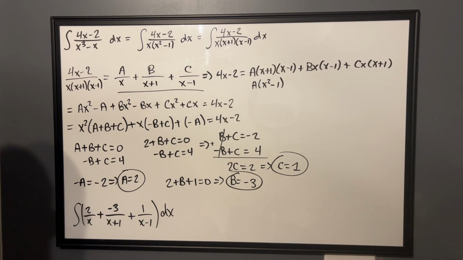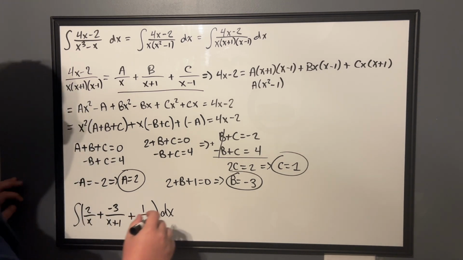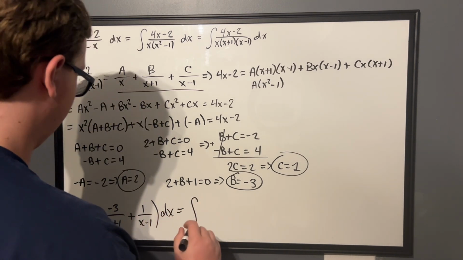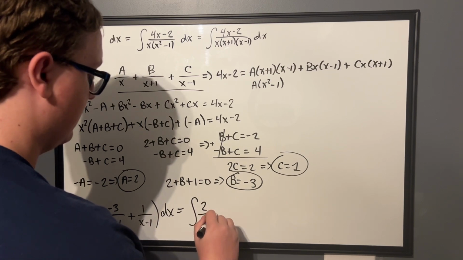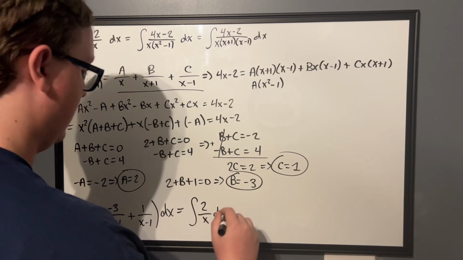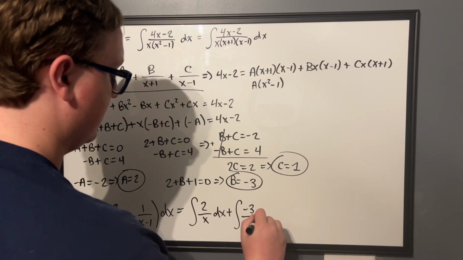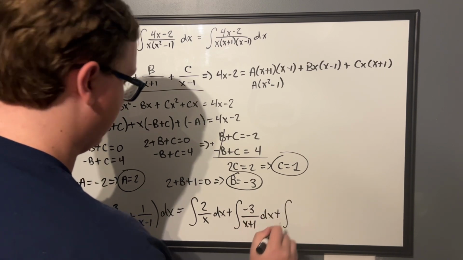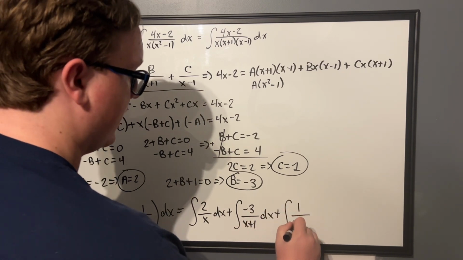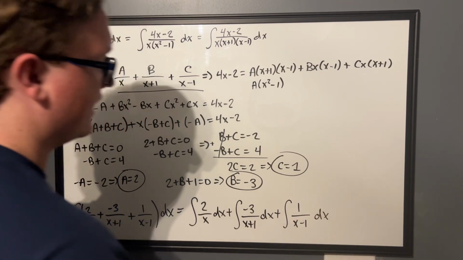Now we can break up this integral so that we can work with it a little nicer. This is the same as the integral of 2 over x dx plus the integral of negative 3 over x plus 1 dx plus the integral of 1 over x minus 1 dx.